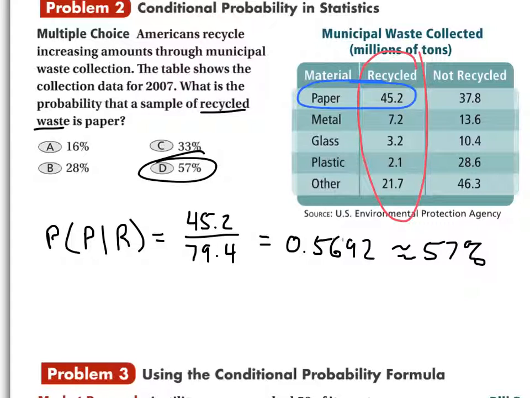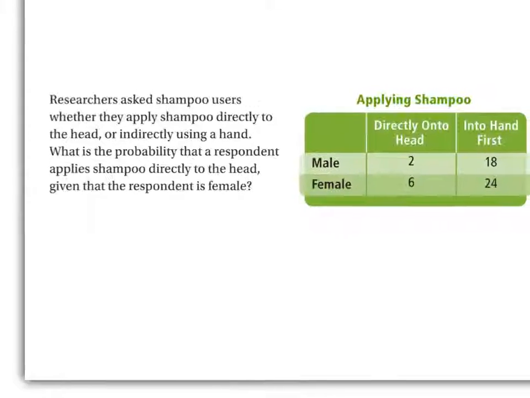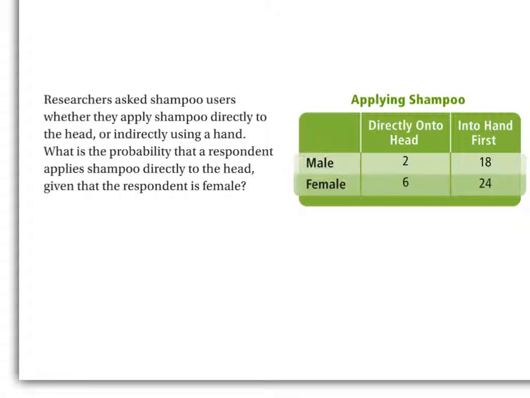One last example for this. If we look at the very bottom, I like this example. It's kind of funny. Okay. So we're dealing with shampoo here. And we have the statistical data here for a sample space of people asked about how they apply their shampoo. Okay?